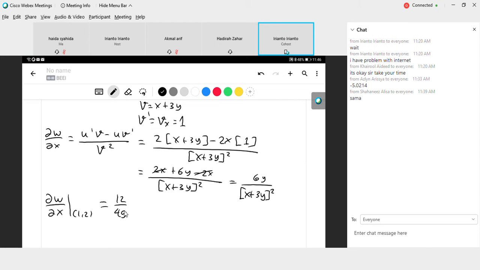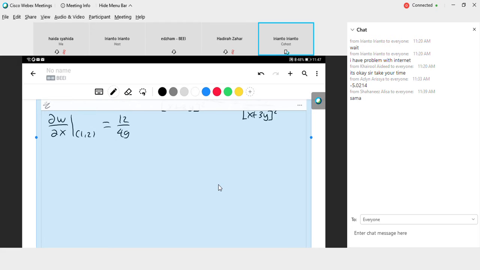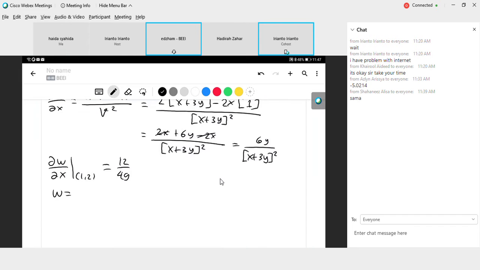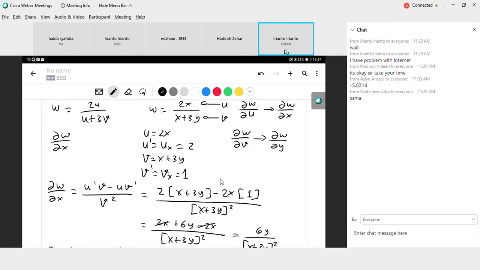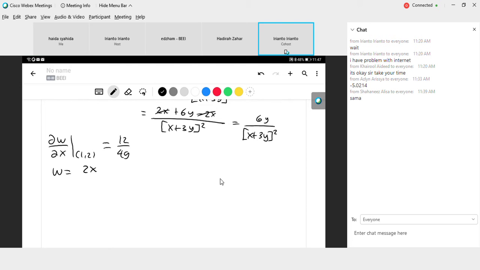Correct. Okay, now let me write down the function again. Now we want to differentiate with respect to y. Let me write down w again, so no need to go back and forth: 2x divided by x plus 3y.